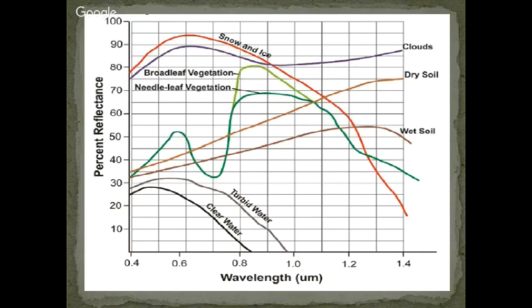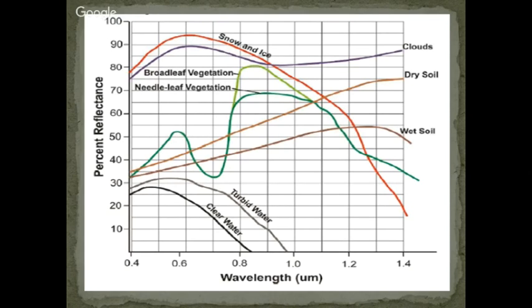But in the near infrared part, 0.8 to roughly about 1 micrometer, there is a difference in the two curves. The needle leaf vegetation is reflecting about 70% of the energy, whereas broadleaf vegetation reflects about 80 to 85% of the energy.